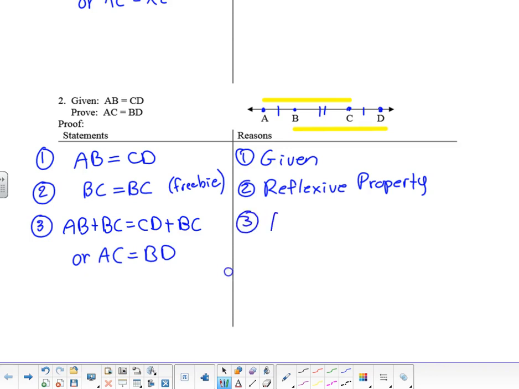And again, that's the addition property of equality. If you add two things that are equal, the sum is equal. The two things were step 1 and step 2. We added them together. And again, a little bit of a shortcut.